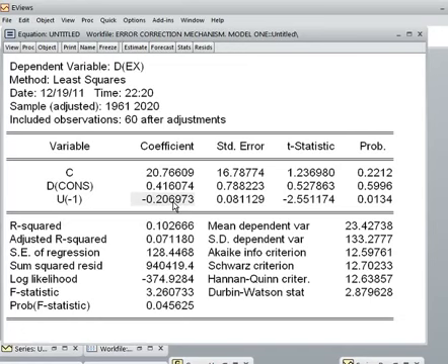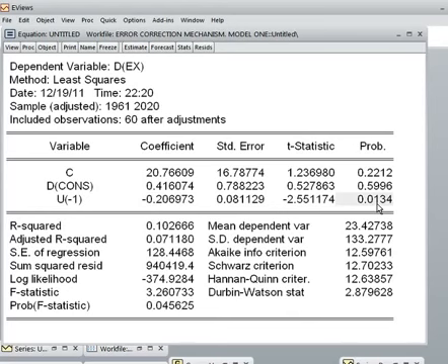That is the meaning of the error correction term. But here there are two things that are good. The sign is negative and it is significant, because the p-value is 1.34%, which is less than 5%.